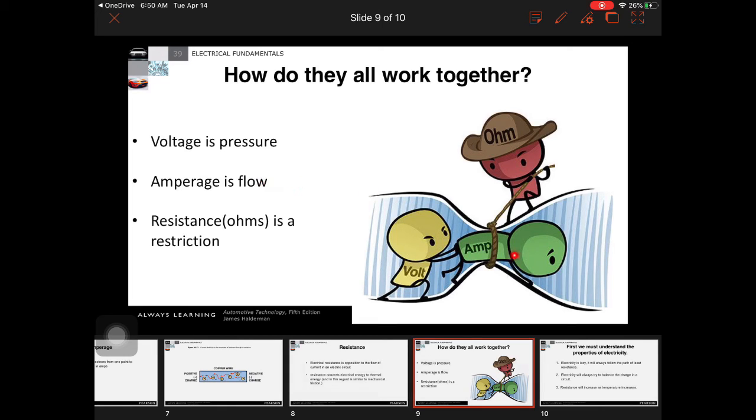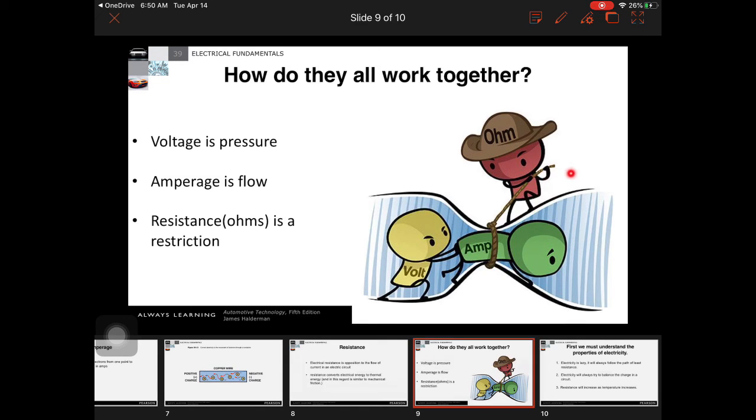The amperage is a flow. Okay? So it is how much is trying to go down the line. And resistance is the restriction. So the amperage is going to be the flow of the line, the volts is going to tell you how much is going to flow, and the resistance is going to restrict that flow. Okay?